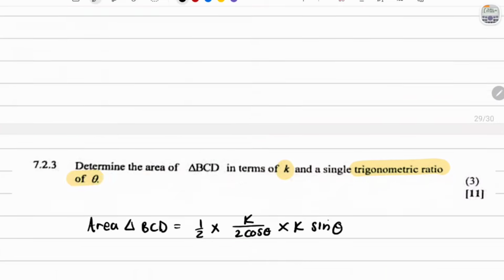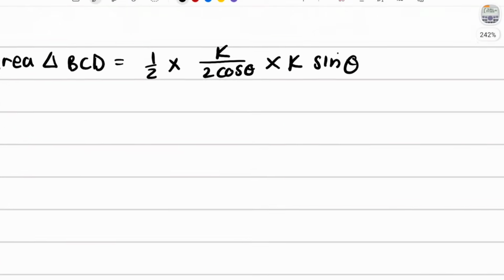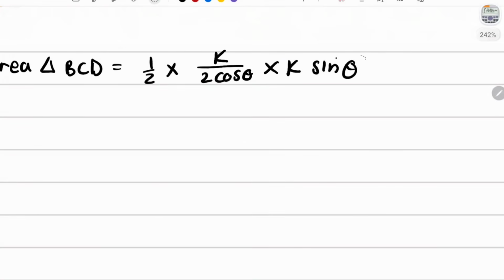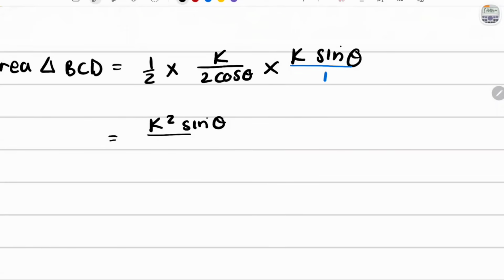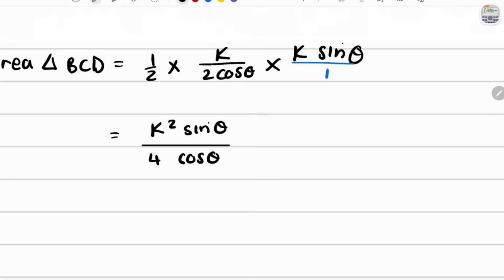So now we just have to simplify this. We've got fractions, so we might as well put this as a fraction by putting it over 1. Then we're just going to multiply all through. So 1 times K times K sine theta would give you K squared sine theta, over 2 times cos theta times 2, which is going to give you 4 cos theta.